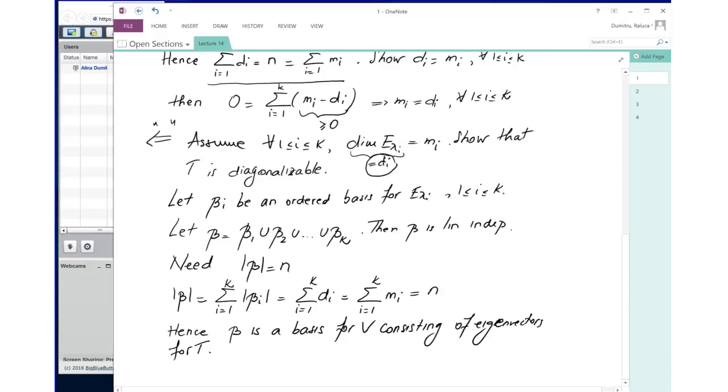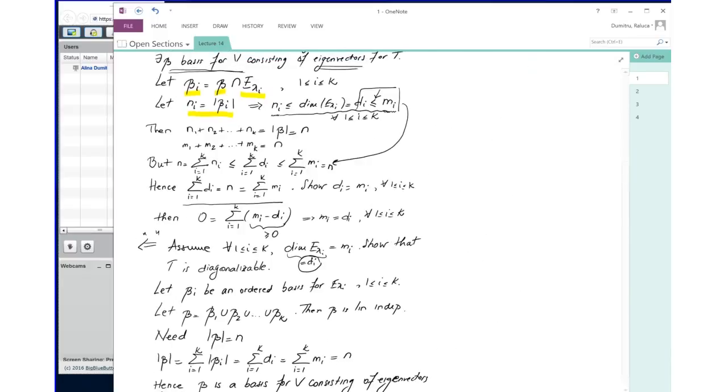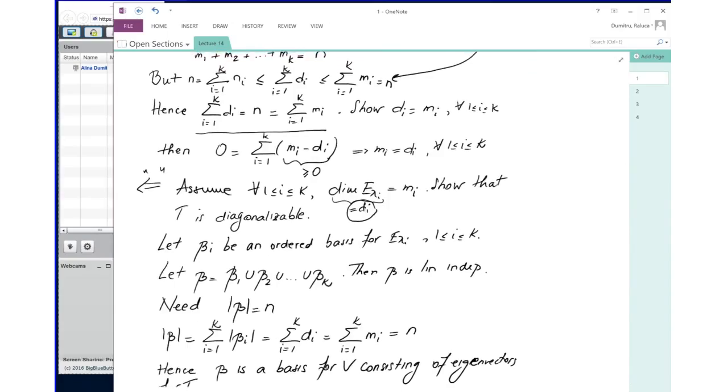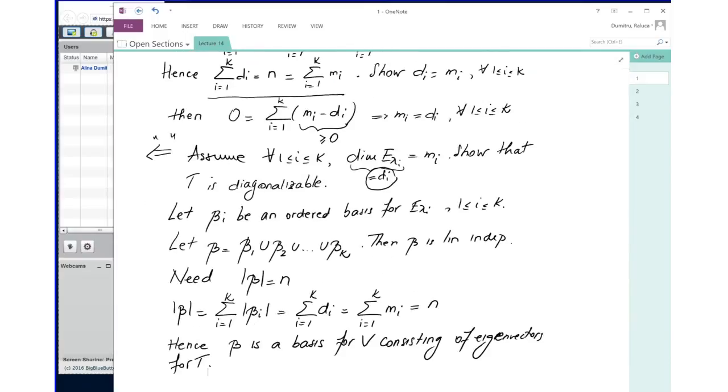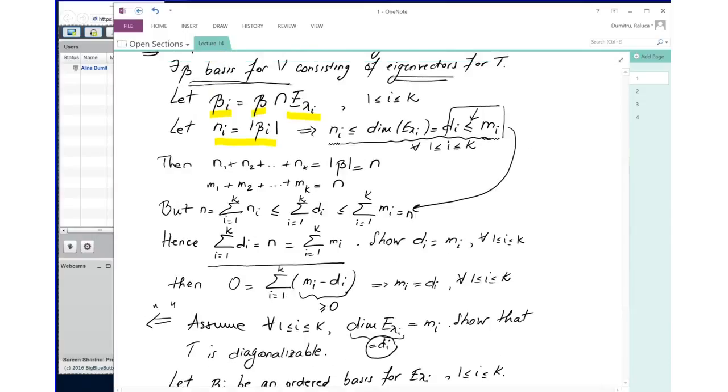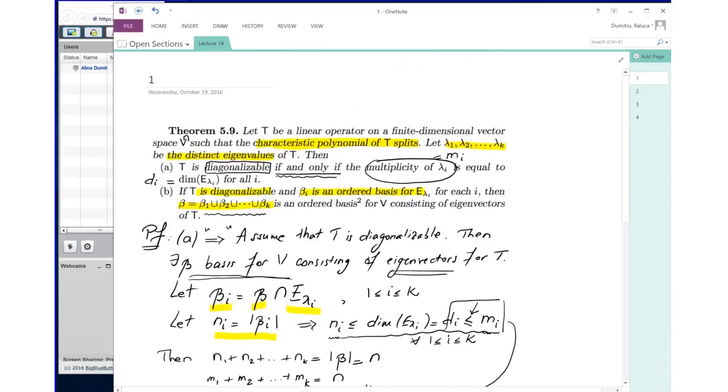So in conclusion, what do we need to do when we're given a linear transformation or a matrix and we're asked to show or to determine whether it is diagonalizable? There are two things that we need to look at. One of them is this. The characteristic polynomial must split. That is the assumption of this theorem, right? So you have to check the characteristic polynomial. If it doesn't split, you're done. It's not going to be diagonalizable.